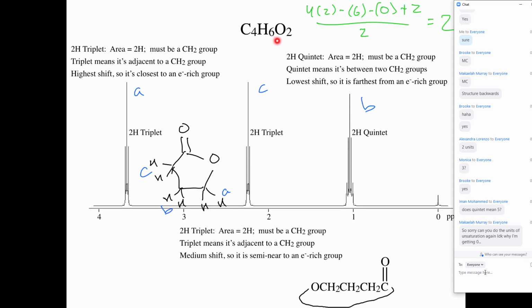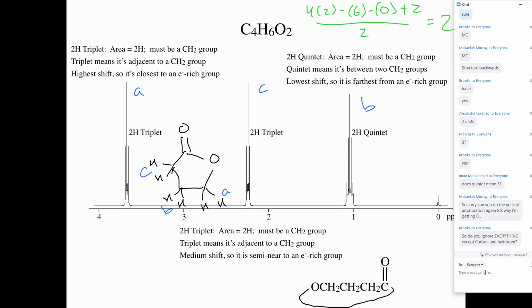Hydrogen makes 1, we need 2, so 1 minus 2 means minus 1 for every H. Oxygens make 2 bonds, so I completely ignore the oxygen, 0, because 2 minus 2 is 0, and then 2 for the end of the chain. So the total number of extra bonding electrons are 4 times 2, 8, minus 6, minus 0 plus 2 for 4 in the numerator. 4 electrons divided by 2 electrons per bond gives me 4 over 2, which is 2 extra bonds.